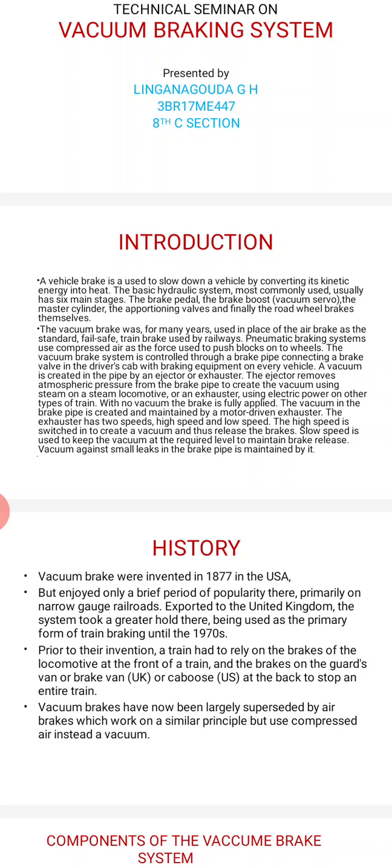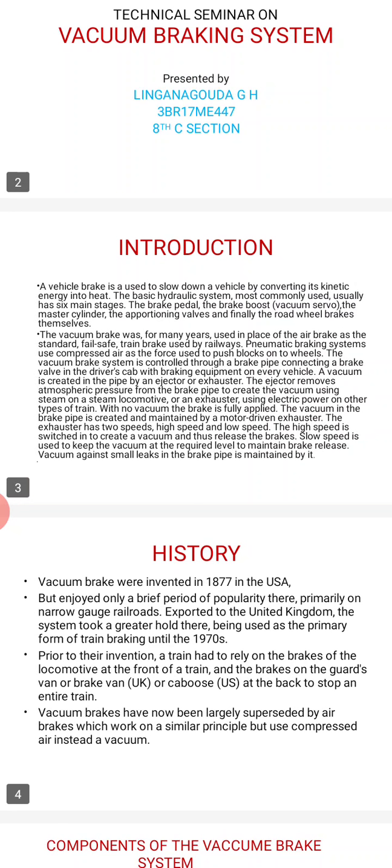A vacuum is created in the pipe by an exhauster. The exhauster removes the atmospheric pressure from the brake pipe to create a vacuum, using steam on a steam locomotive, or electric power on other types of train. With no vacuum, the brake is fully applied.